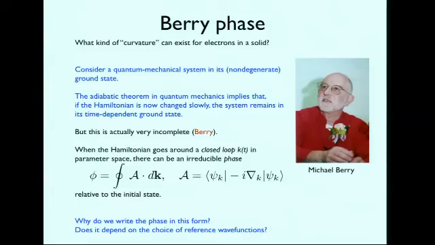So that phase, and here I'm kind of expressing it in terms of time, but at least as a mathematical object, any path in parameter space I can associate with the phase if it's a closed path. And the way I compute the phase is by integrating what looks like a vector potential. And that vector potential comes from how the wave functions evolve as a function of the parameter.